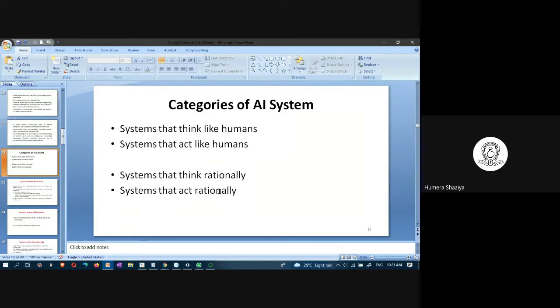Something which is not criticized by others. Suppose two people are arguing, and one person starts beating and makes the entire scenario very violent. Only one is behaving in a violent way, so he is not acting rationally.